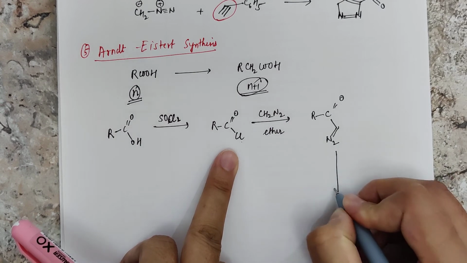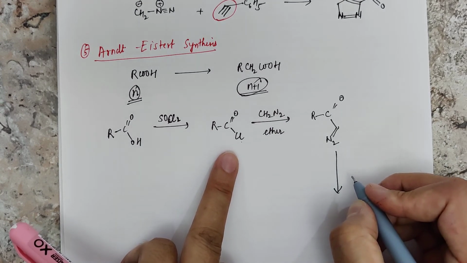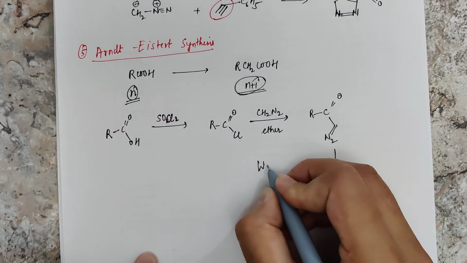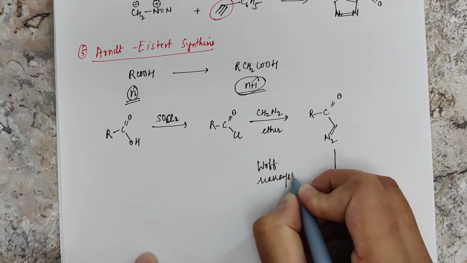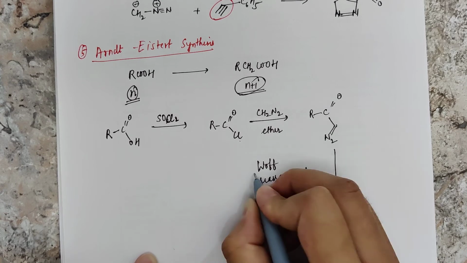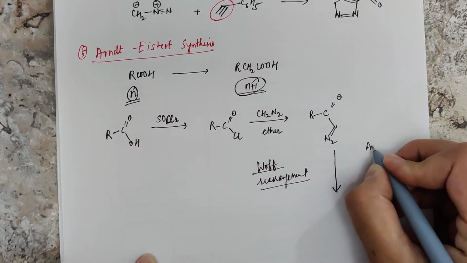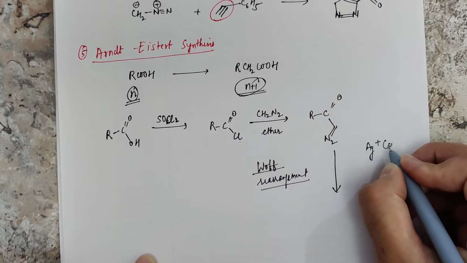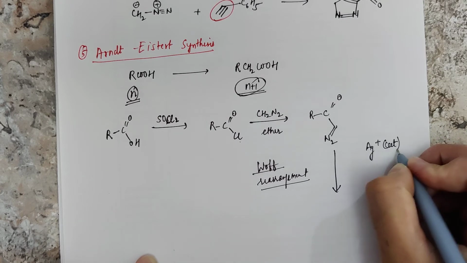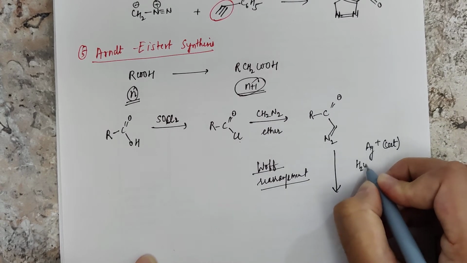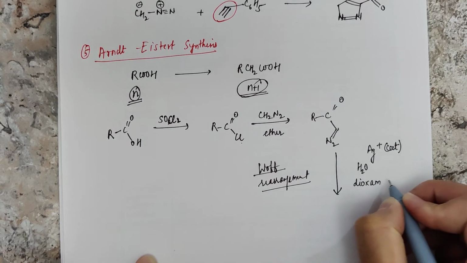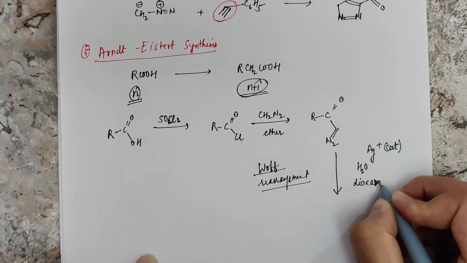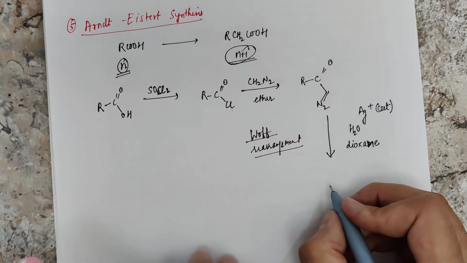Now there is another reaction. Its name is Wolff rearrangement. It requires a silver catalyst, water, and dioxane. Not oxime, dioxane.